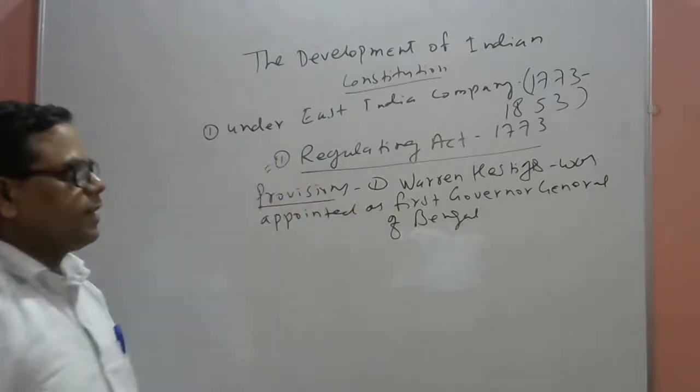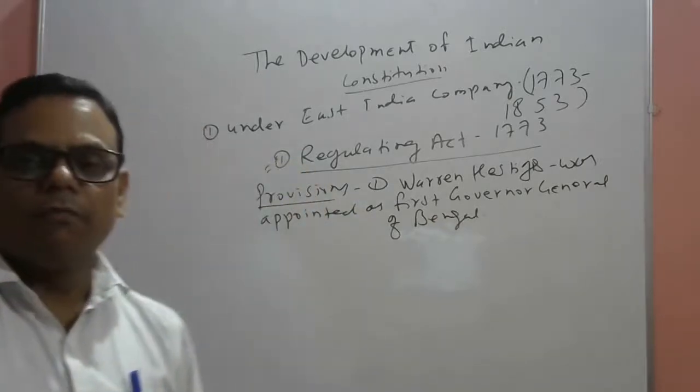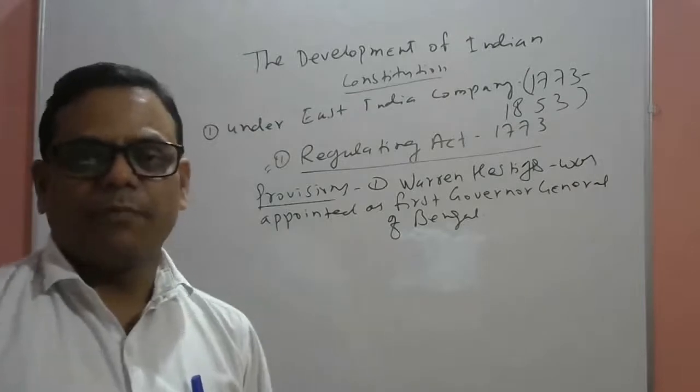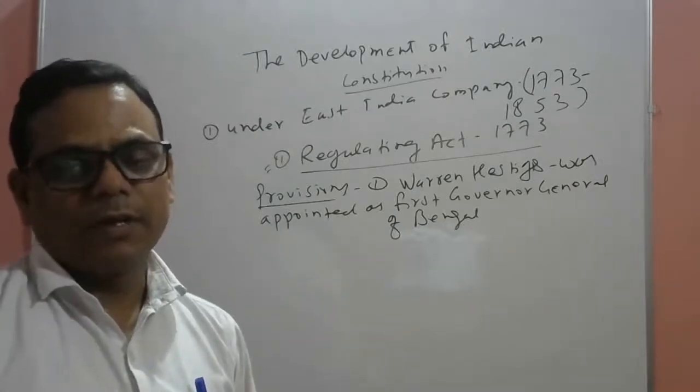According to this Regulating Act, first of all, Warren Hastings was appointed as Governor General of Bengal.